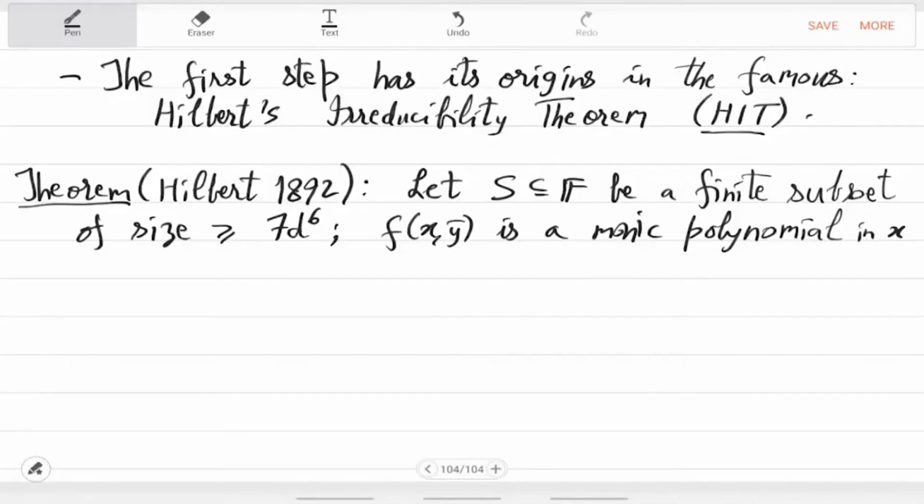So if you set y1 to yn to 0, then the leading coefficient of f with respect to x is 1. So we will call it almost monic. But anyway, let me continue with this, because this is really about Hilbert's theorem and not the full algorithm. So f is a monic polynomial in x with total degree d.